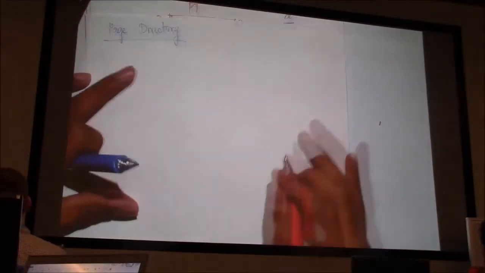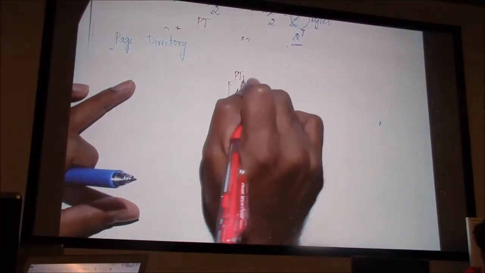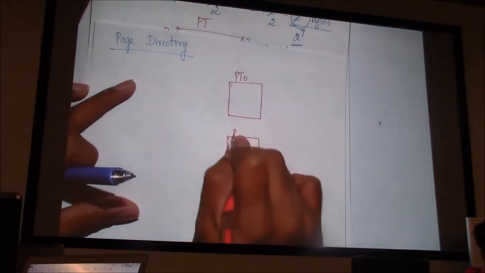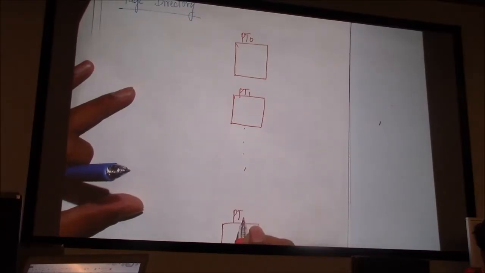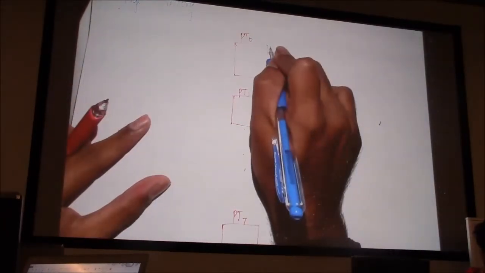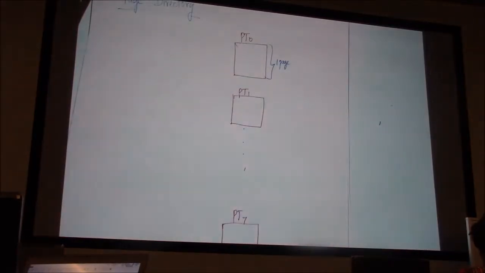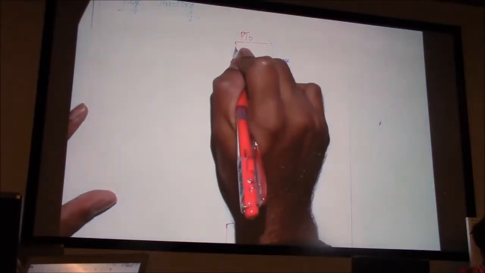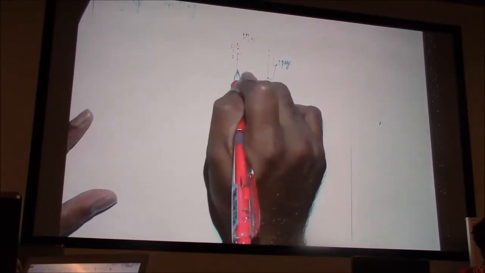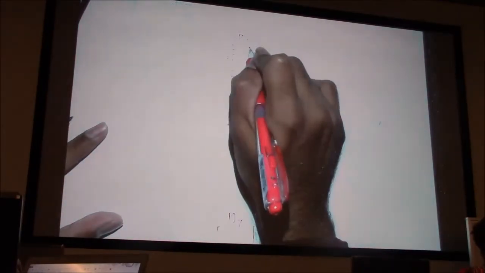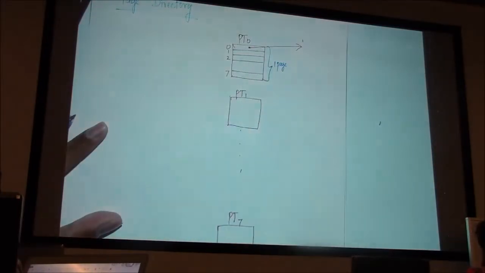And so let's assume now we have those page tables here. Page table 0, page table 1, it goes on till page table 7. But the important idea is each of these is just a page size, stored in a single page. Each of these is going to have 8 entries, and these entries have the translations for the actual pages.